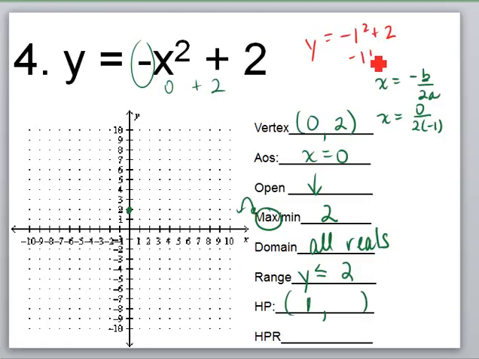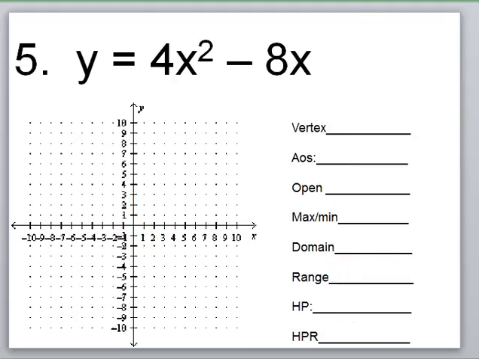I get negative 1 plus 2 because 1 times 1 is 1. So y is 1. 1, 1 would be my helper point. Directly folding this in half would put me over here at negative 1 for my other helper point. And then I'll sketch my picture.